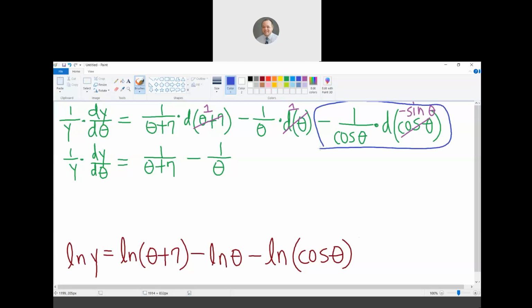Negative divided by negative is a positive, and sine over cosine is tangent theta. So that's plus tangent theta at the end.